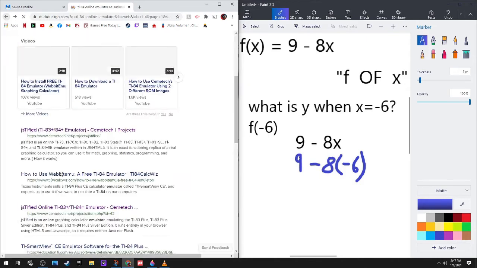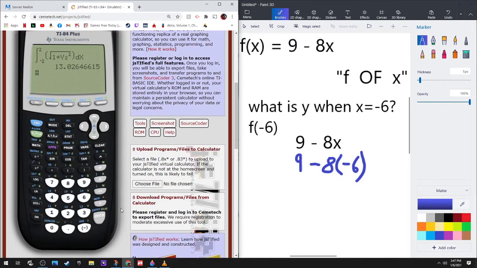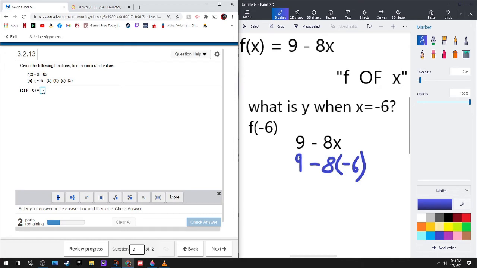Oops, wrong one. Here we go. All right. Just resetting the memory. Okay. So 9 minus 8 parentheses negative 6. Close the parentheses. Boop. I got 57. You can literally go to your calculator and type it in. It'll do it for you if you're struggling at all with any of the arithmetic.